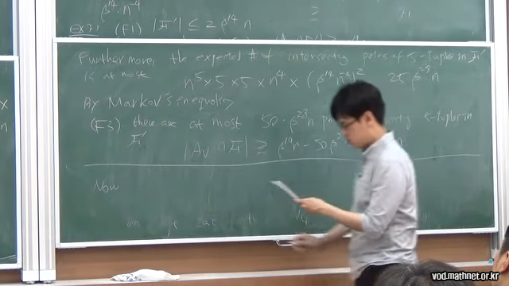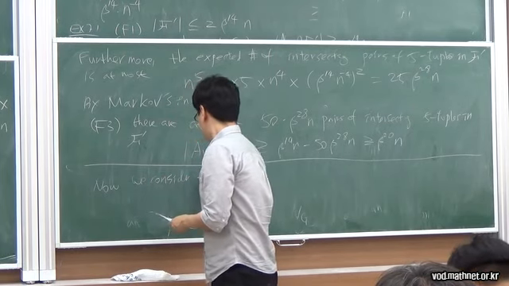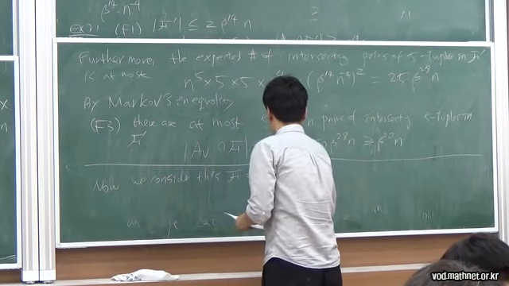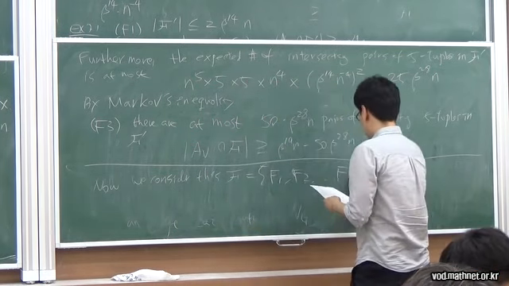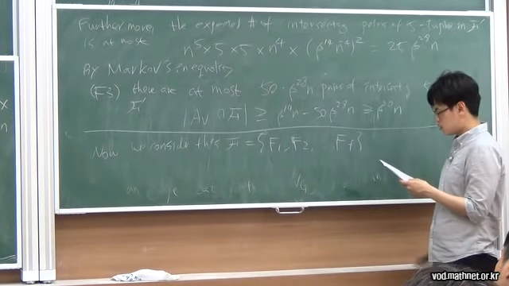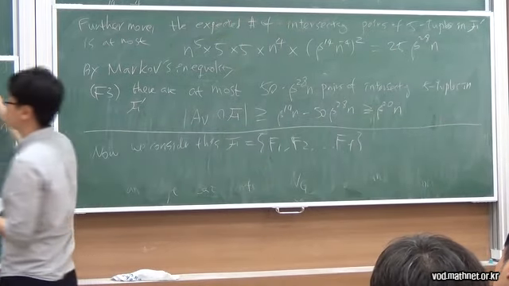Now we consider this F, which is F1, F2 to F sub small f, which satisfies this claim.